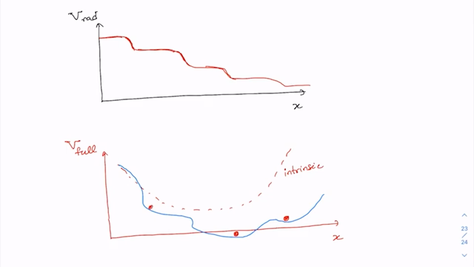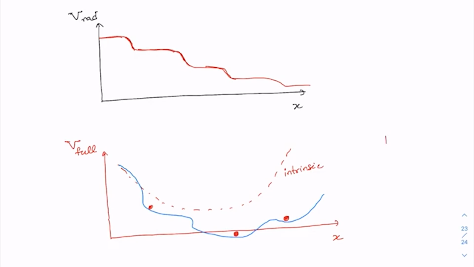So this means that we have several equilibrium positions. The mechanical object can be at any one of these positions and is completely stable. In these positions, the radiation pressure force exactly balances the restoring force brought about by the intrinsic spring constant.